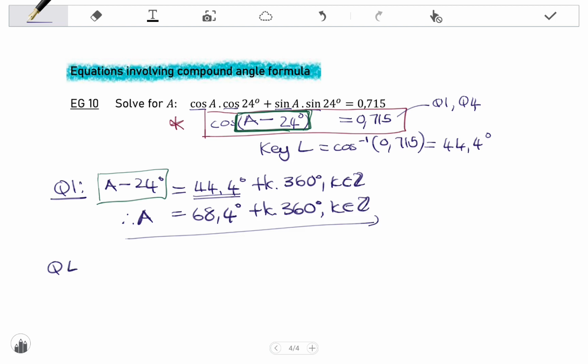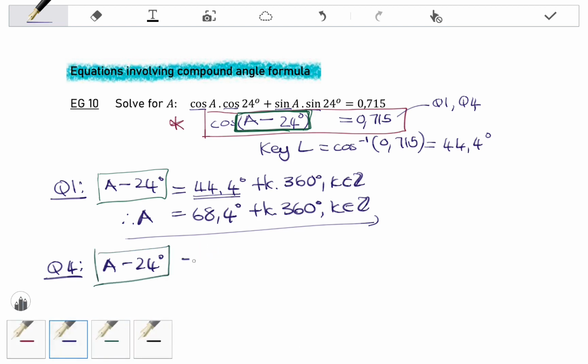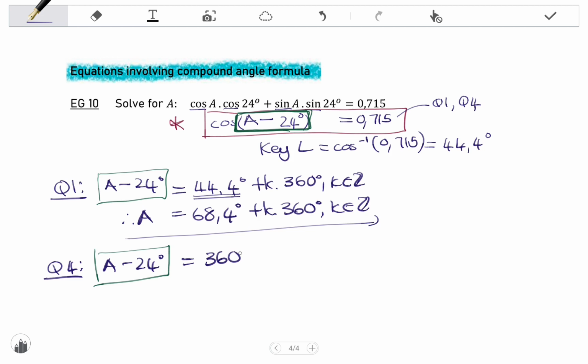When we look at quadrant 4, our angle, which is A minus 24 degrees, is equal to, in the fourth quadrant, 360 degrees minus the key angle, plus k times the period of the cos graph, and we simplify. We want A on its own, so I'm going to add 24.